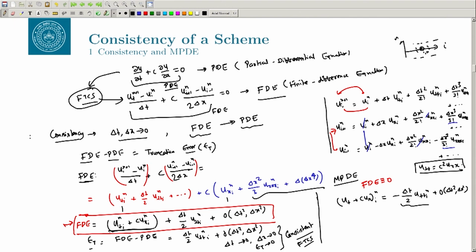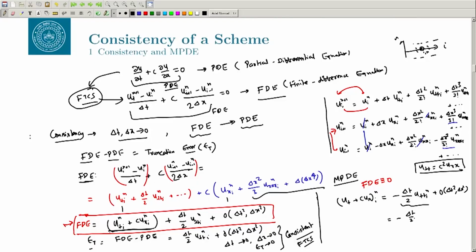This I have derived many times. This is nothing but the extension of u_t plus c u_x equal to 0. We take the derivative with respect to time and rearrange the x and time derivatives, and you will get this relation. So, this will become minus delta t by 2 c square u_xx, plus the order delta t square, delta x square, right.